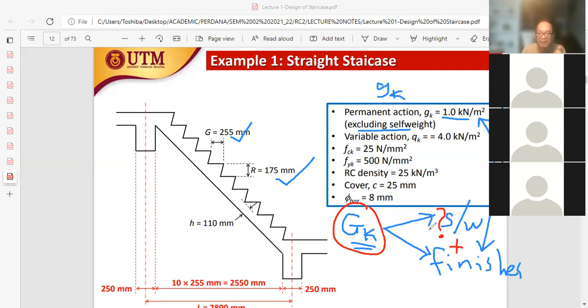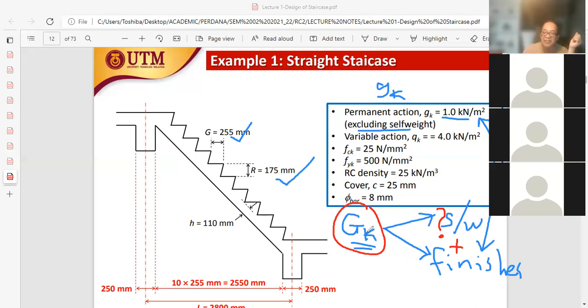If we are doing slab design it is the same, if we are doing beam design it is the same. Of course for a beam the finishes do not look like those of a slab or staircase. In beams, the finishes can be replaced by brick wall. For example, there is a brick wall on top of the beam.